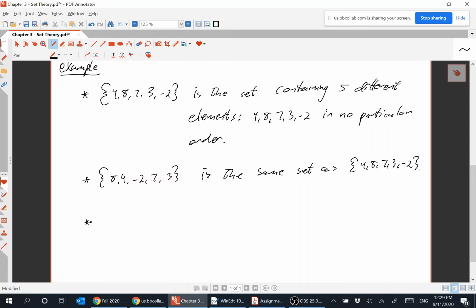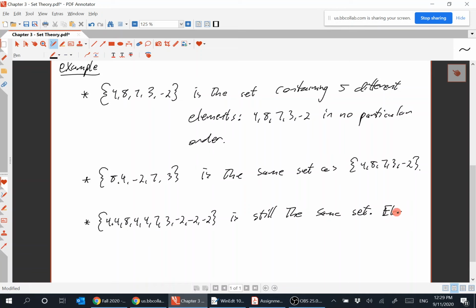Also, elements can only be in a set one time. Every element is either in a set or not in a set. You can't say that it's in a set more than once. So if I was to write the following, 4, 4, 8, 4, 4, 7, 3, negative 2, negative 2, negative 2, it is still the same set. Right?